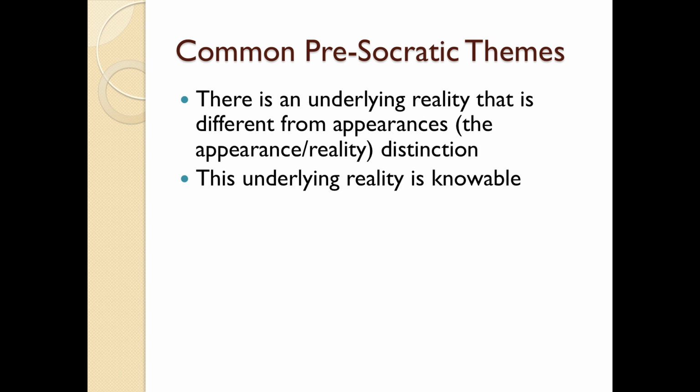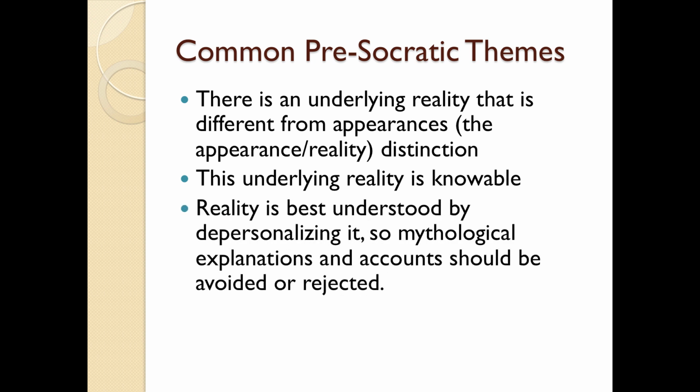They believed that the underlying reality is knowable. Right? So that implies something about their epistemology. So they were also kind of the first to say reality is best understood by depersonalizing it, so mythological explanations and accounts should be avoided or rejected.